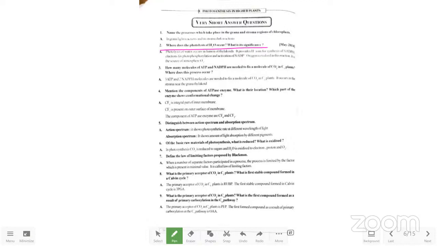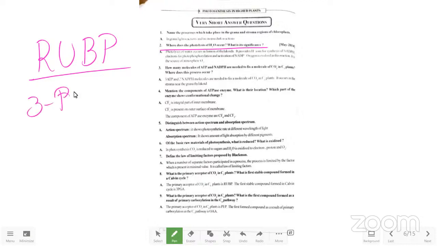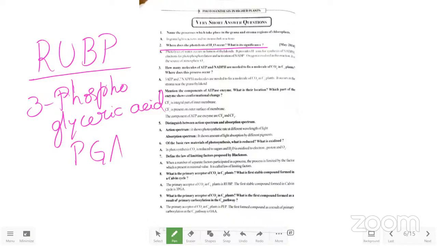The primary acceptor of carbon dioxide in the C3 cycle is RuBP, ribulose 1,5-bisphosphate. And the first stable compound formed is 3-phosphoglyceric acid, that is PGA. Like this, if you have written, you will get 2 marks.